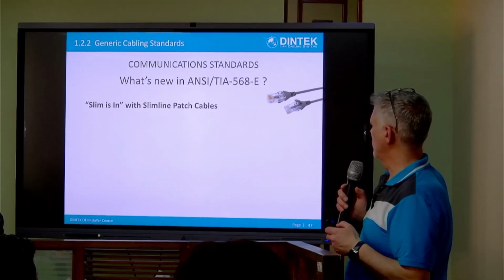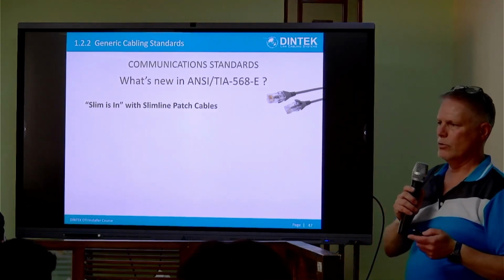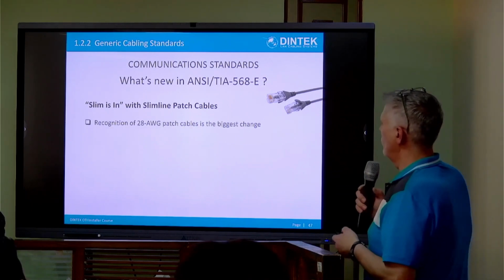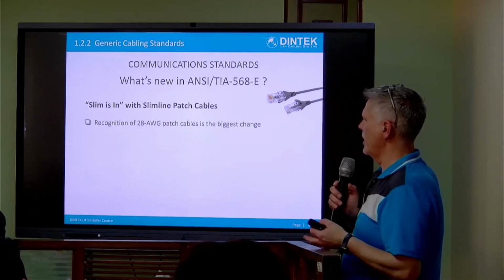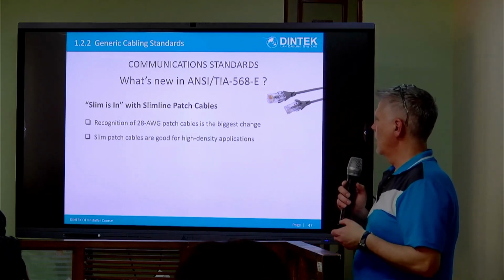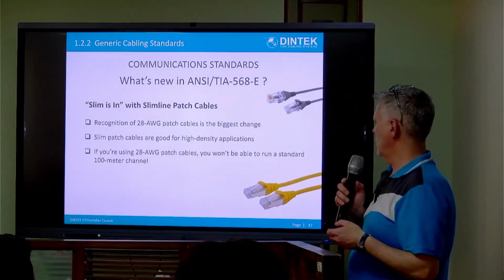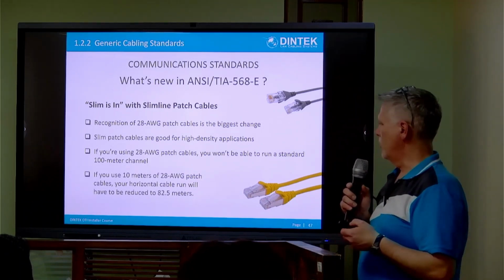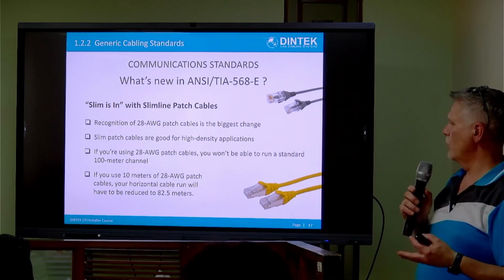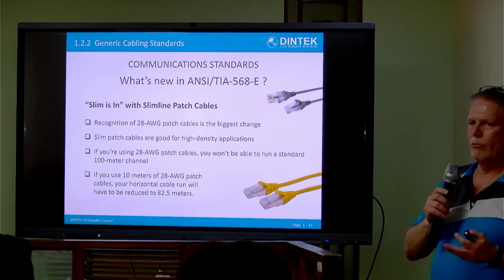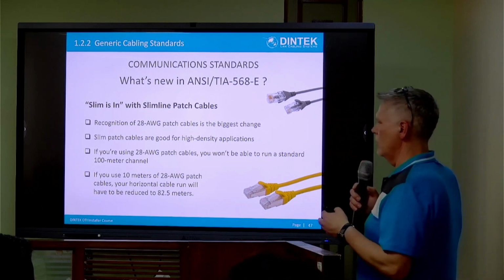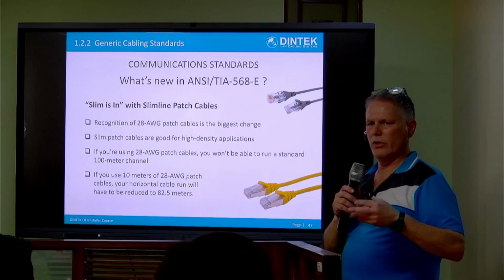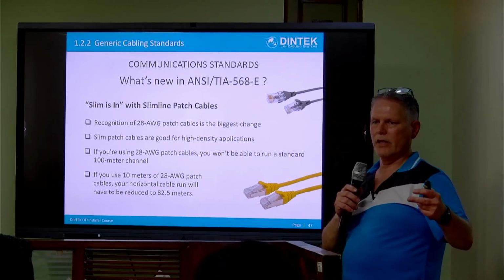They brought in things like slimline patch cables, which are now in the standards themselves. So they were recognising 28 gauge patch cables. The biggest thing that came in with that addition to the standards was recognising that using slimline patch cables can affect how much cable you can install in the horizontal link.